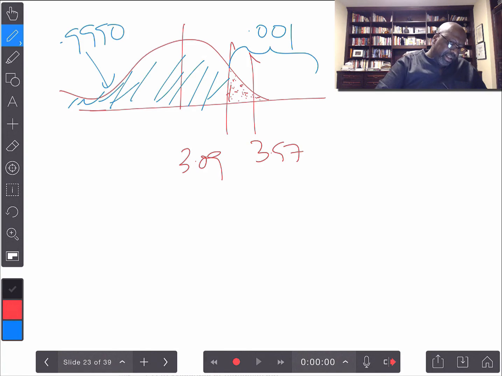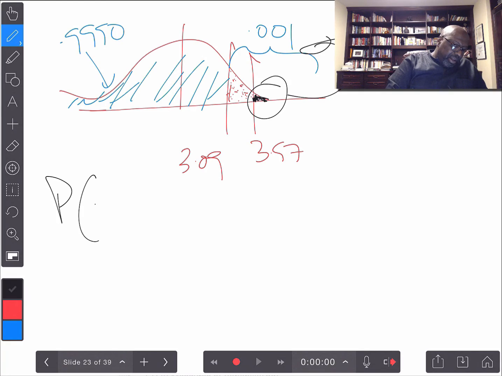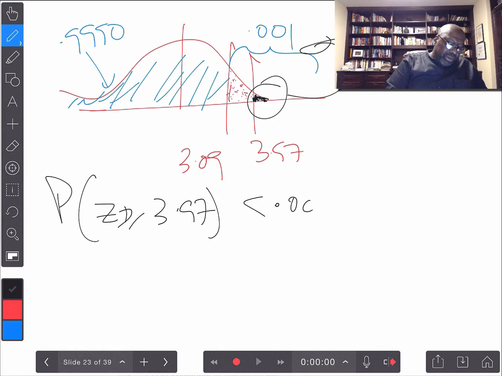However, I am not interested in that area. I'm interested in this area shaded in black right here, the very little piece, because that is the area to the right of 3.97. The table does not have a value for me, so what can I say? I could certainly say that that area is smaller than 0.001. So therefore my probability of Z greater than or equal to 3.97 is less than 0.001.